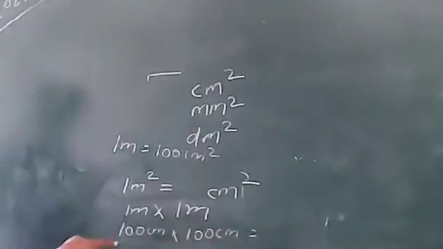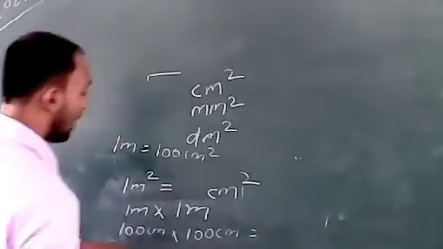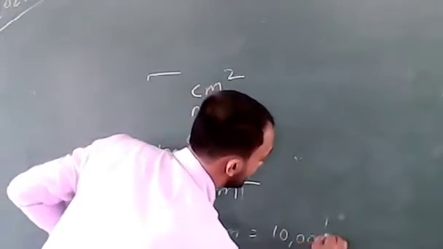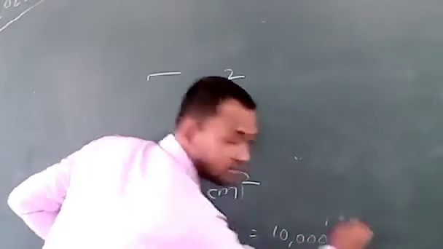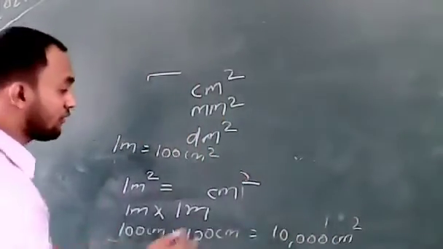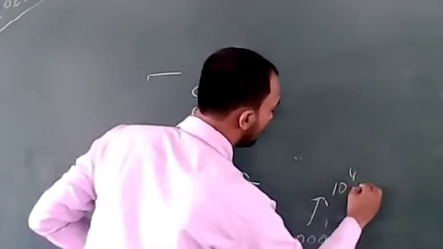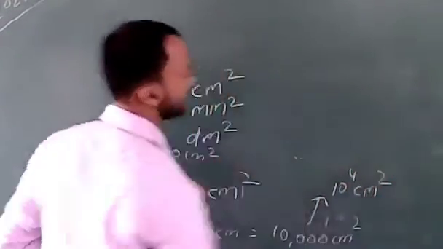So 1 meter square is equal to 10,000 centimeter square, or we can say 10 raised to the power 4 centimeter square.